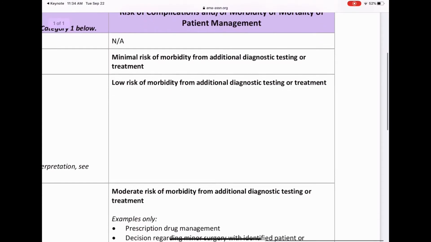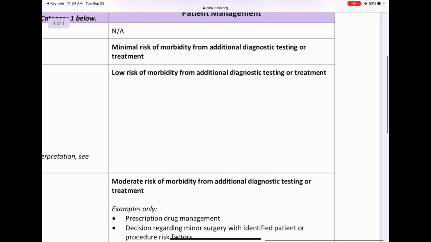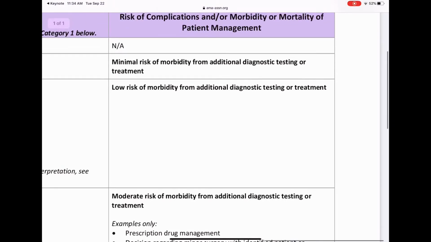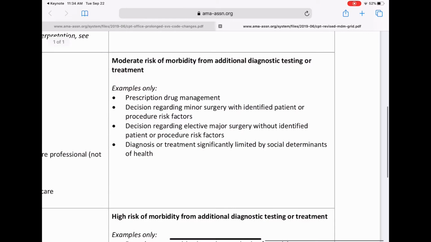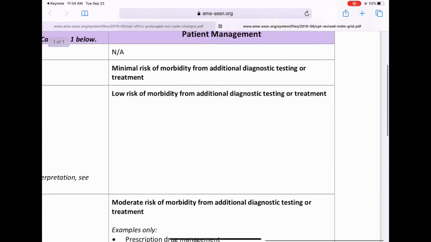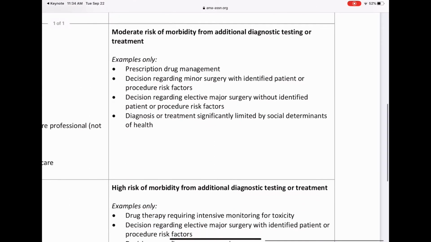Minimal and low means that the decisions will not have as detrimental an impact on the patient as moderate and high would. Those aren't well defined, so we're moving on.